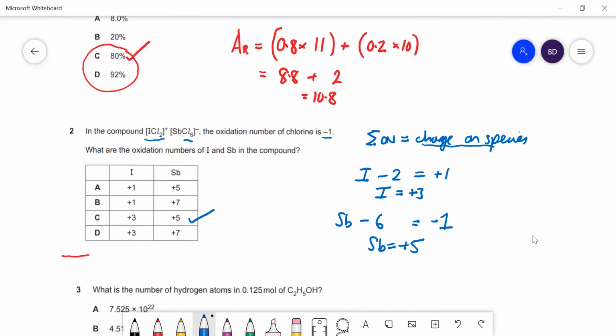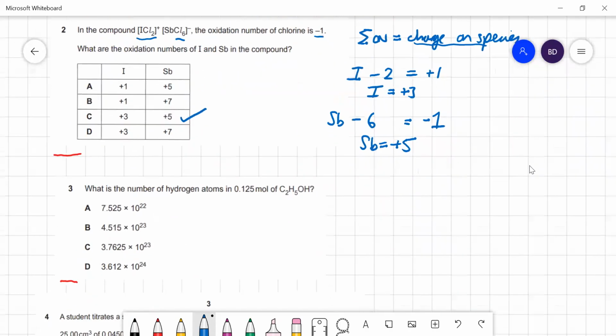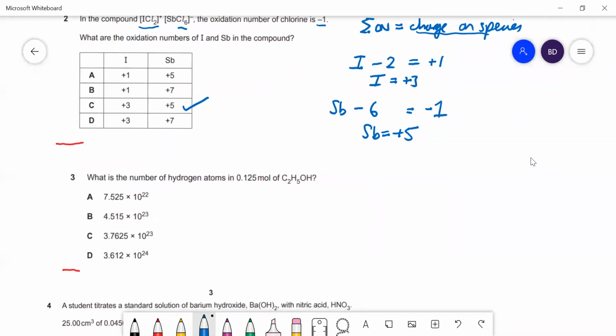Okay, the next one then, we've got an Avogadro constant question here. Number of hydrogen atoms in 0.125 moles of ethanol. Okay, so let's do the molecules of ethanol. Molecules of ethanol is equal to the moles, 0.125, times the Avogadro constant.